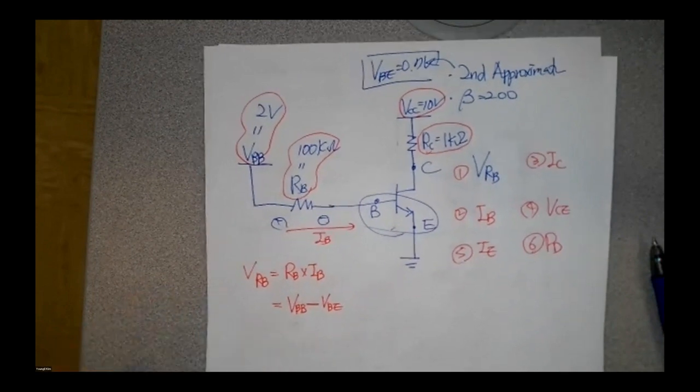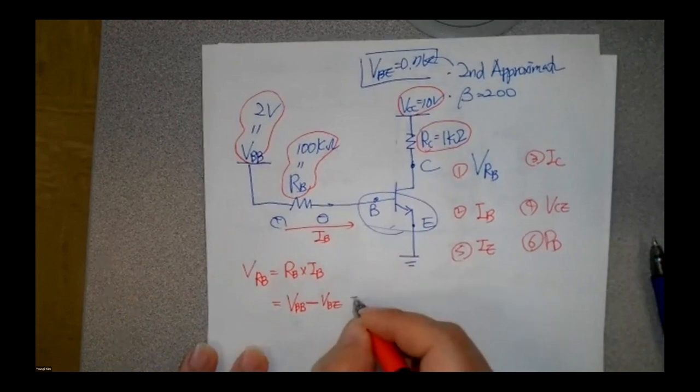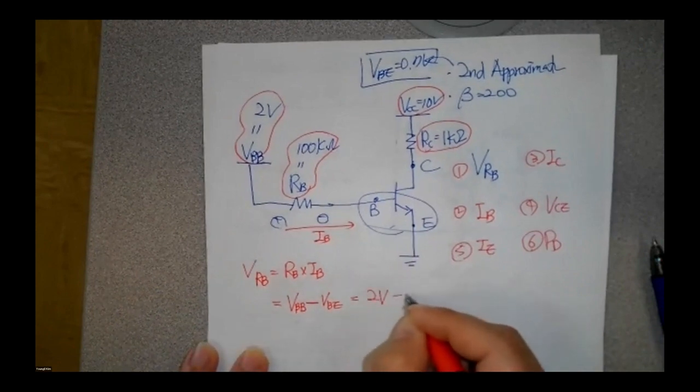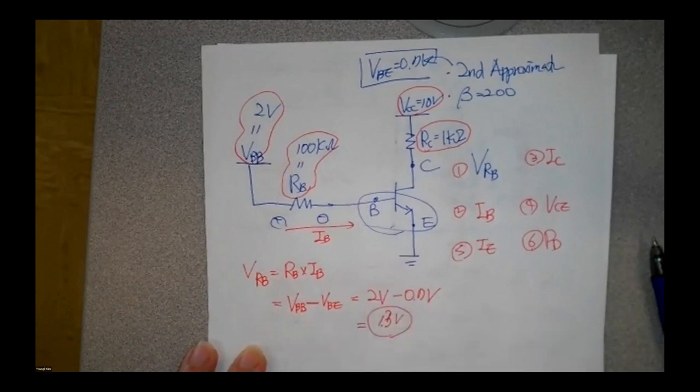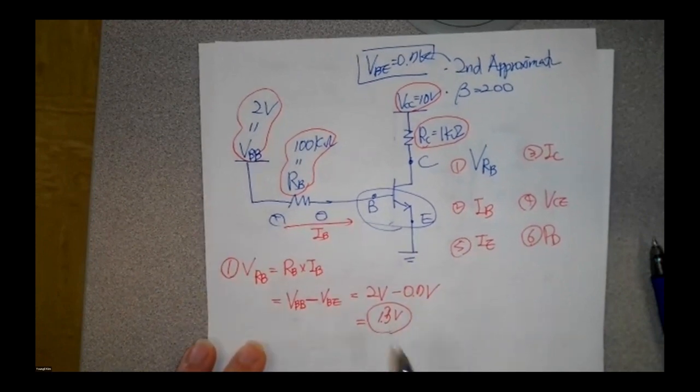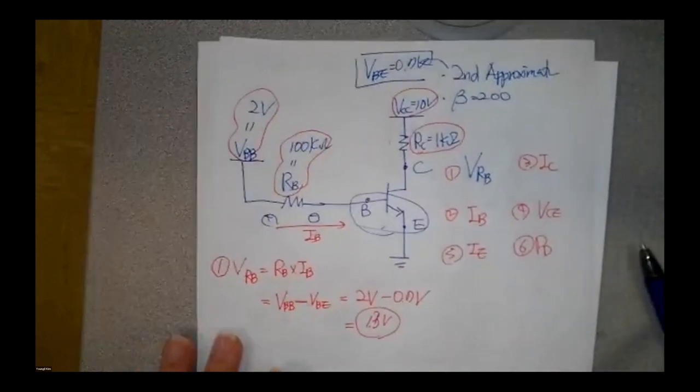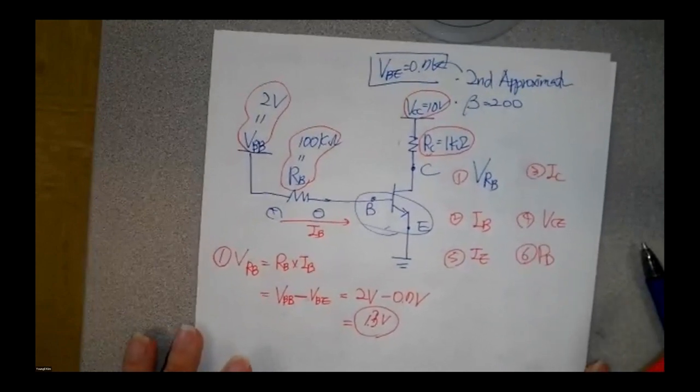So that was 2 volt minus 0.7 volt, 1.3 volt. That is the answer to the first question. Any question?